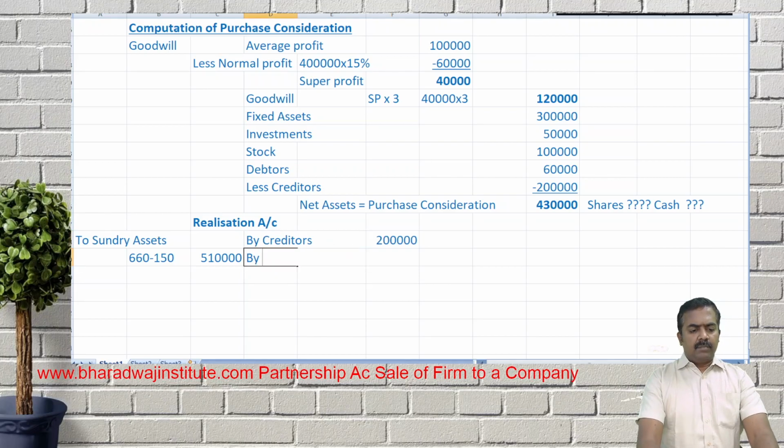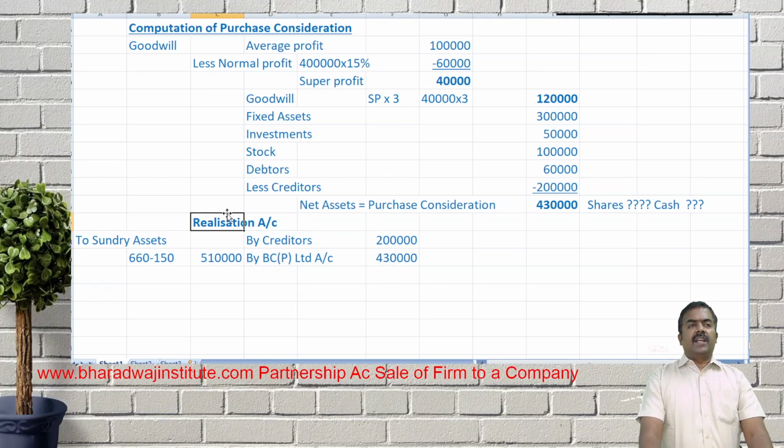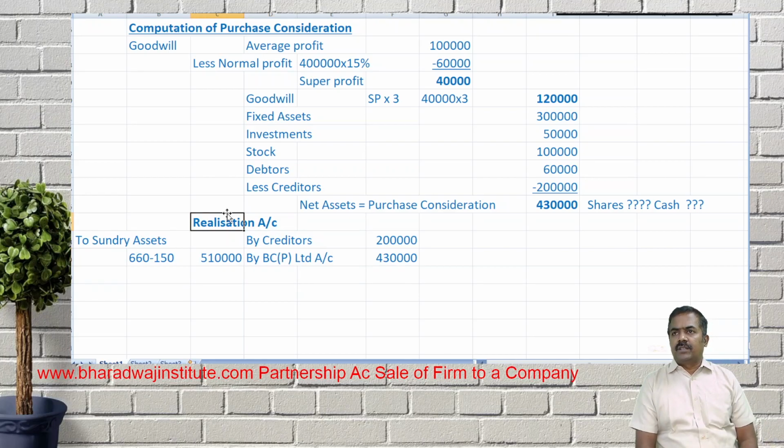Then by purchasing company, what is the name of the purchasing company? BC. 4,30,000. Okay. In this problem, any sale of asset not taken over?